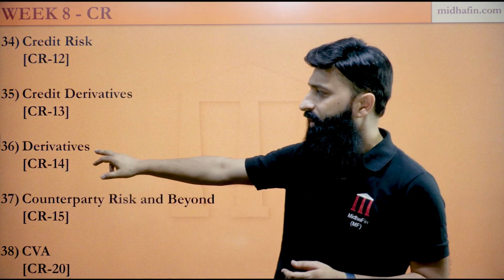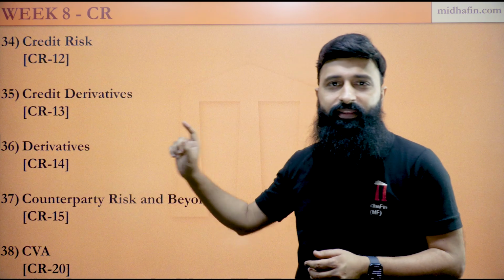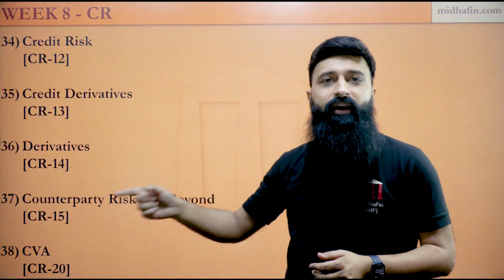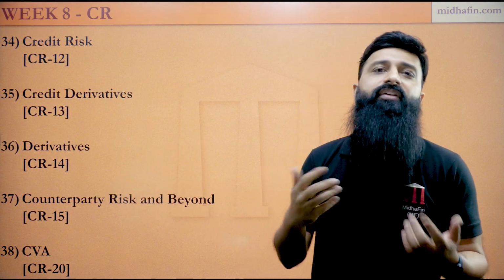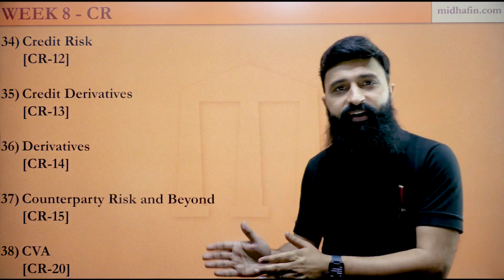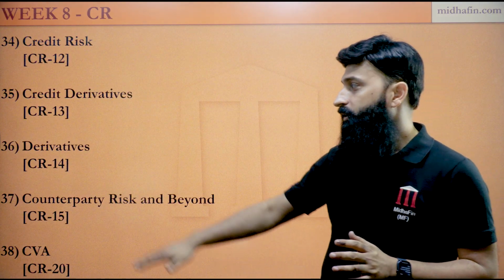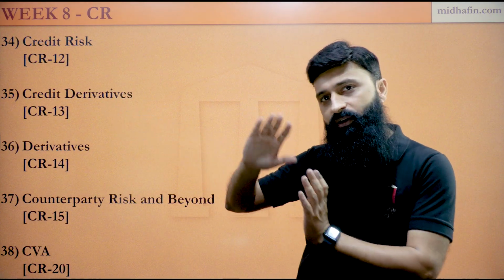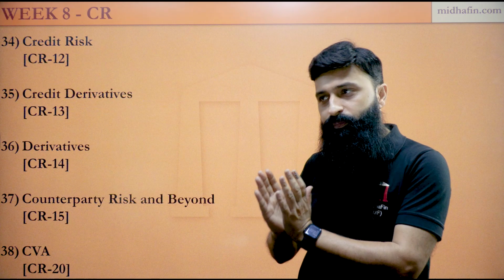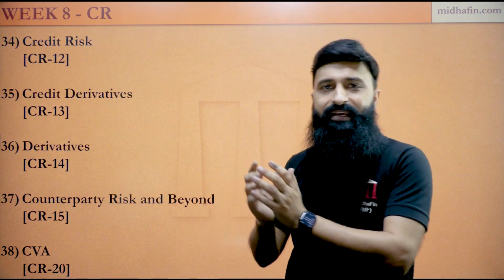Then you see we have a separate chapter on derivatives. We have credit derivatives and we have derivatives. This defines derivatives and explains how derivative transactions create counterparty credit risk. It will compare exchange traded and over the counter derivatives. The credit derivatives chapter focuses specifically on credit derivative instruments, CDSs, CDOs.